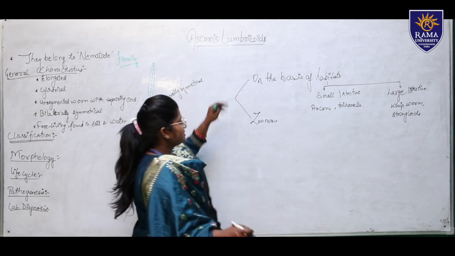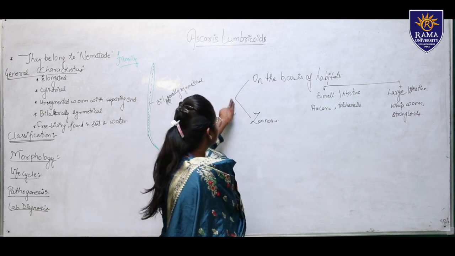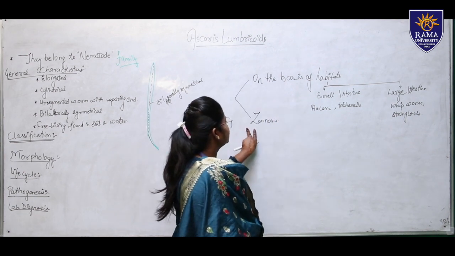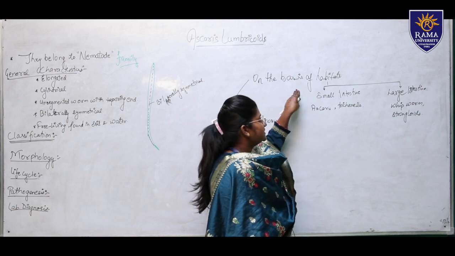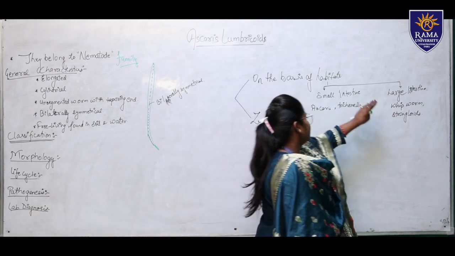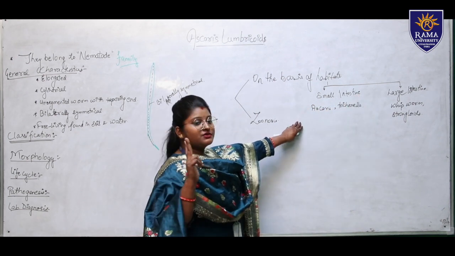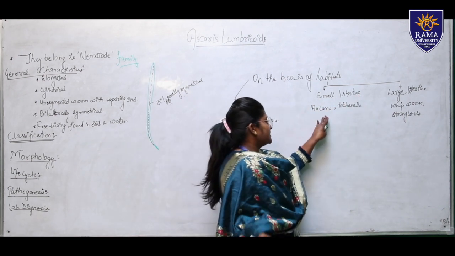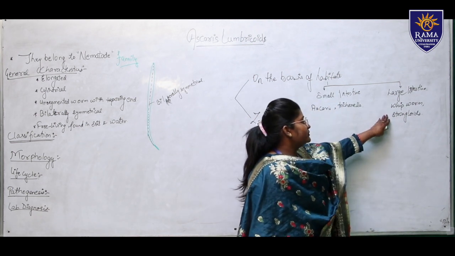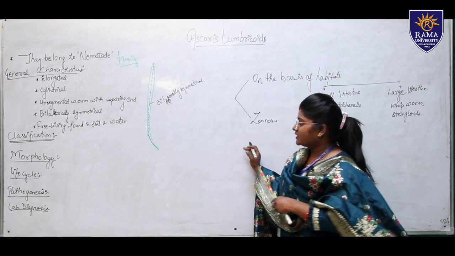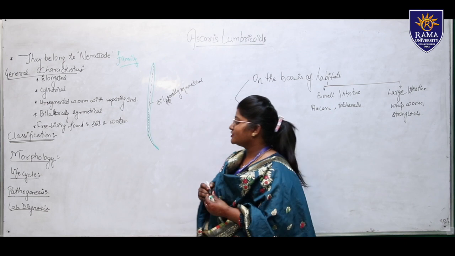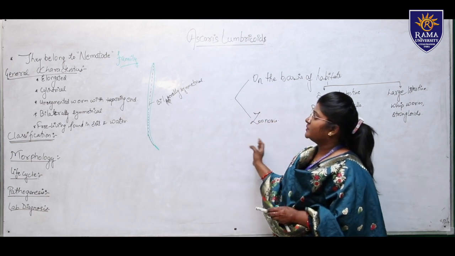So the classification is in two parts, on the basis of habitat, and the next one is zoonosis. Habitat is divided into large intestine and small intestine. Now just come to the morphology. So this was about the nematode family.